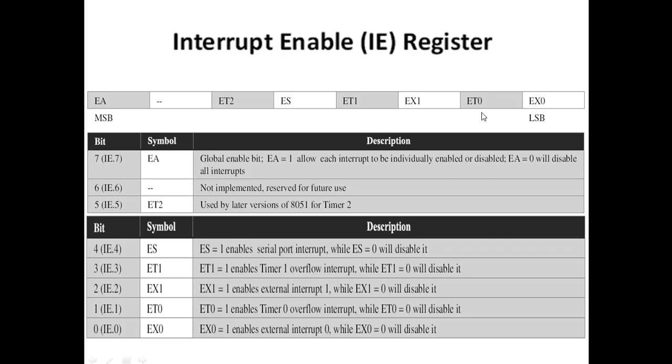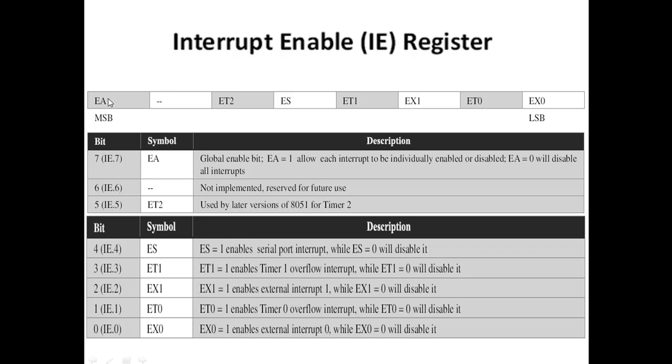For any interrupt to work, first of all, you have to enable the EA bit. This is known as the global enable bit. If this bit is 1, it allows each interrupt to be individually enabled or disabled. But if you make it 0, it will disable all the interrupts.